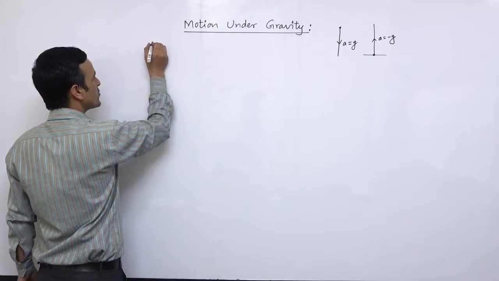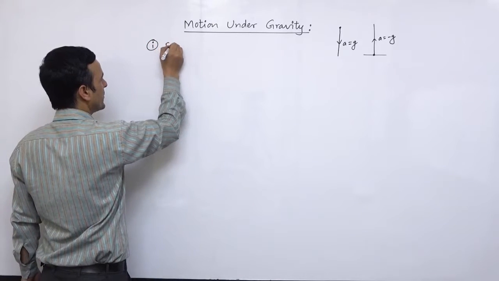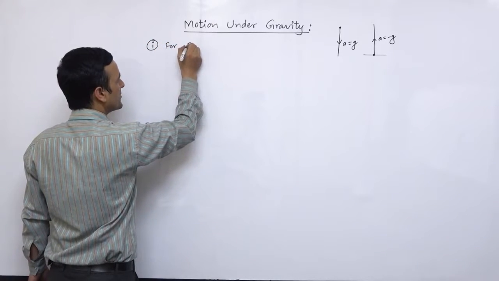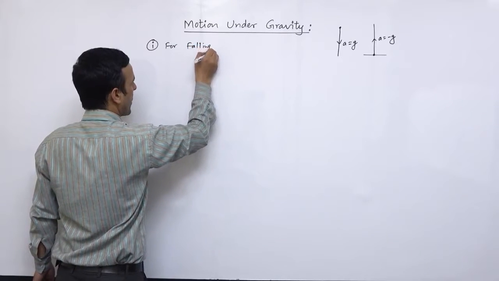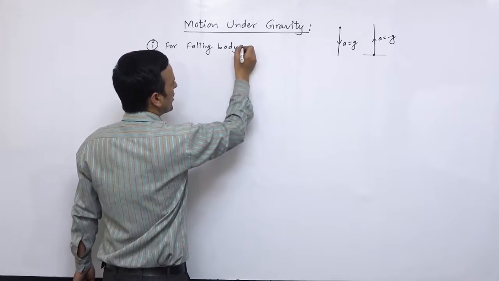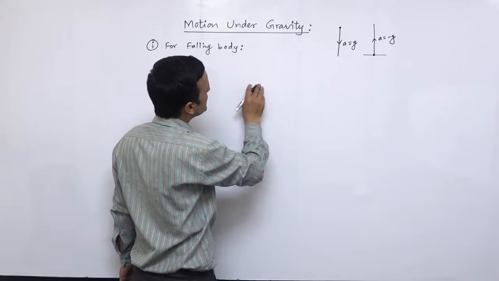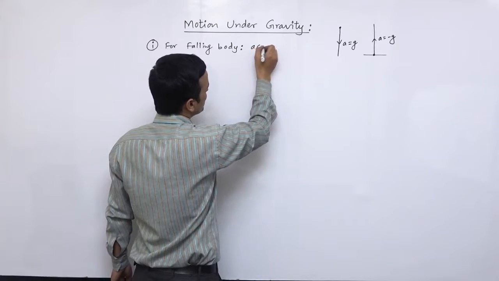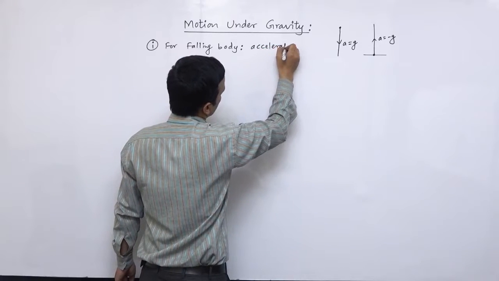So we have 2 cases over here for falling body. For falling body, always a is taken as positive, acceleration due to gravity.